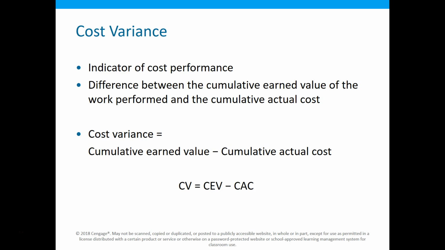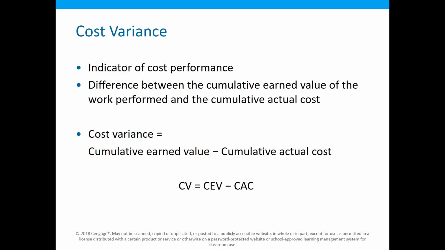So we take some of those values then. Cost variance, in other words, what the change of cost is, that variance. Cost variance is accumulated earned value minus actual cost. So in this case, is that going to be a positive number or a negative number?